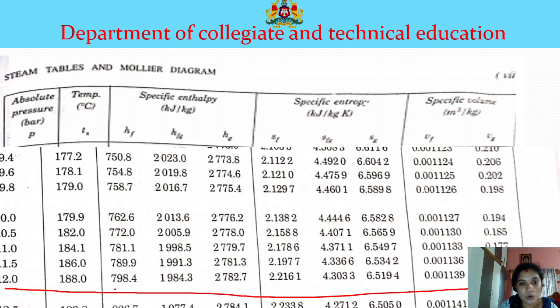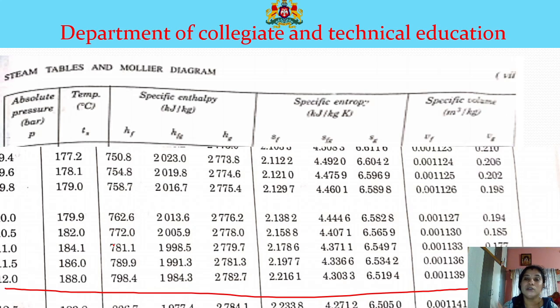Please note down this value. In the previous session itself, I had mentioned to bring notes, pen, and a calculator, and today I am telling you, please buy a steam table book or download the steam table book from the net so that it will be easy for you to understand the problems. These values will not be given in the examination.